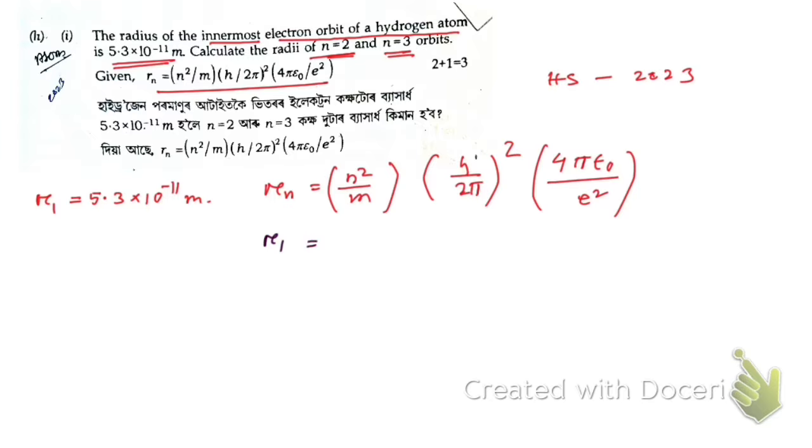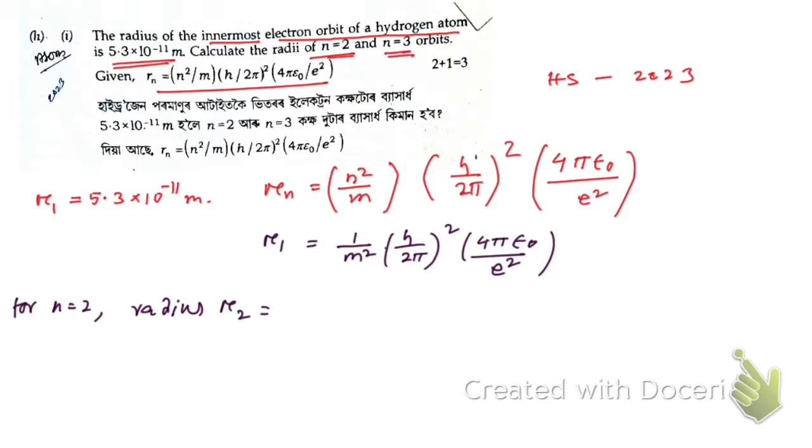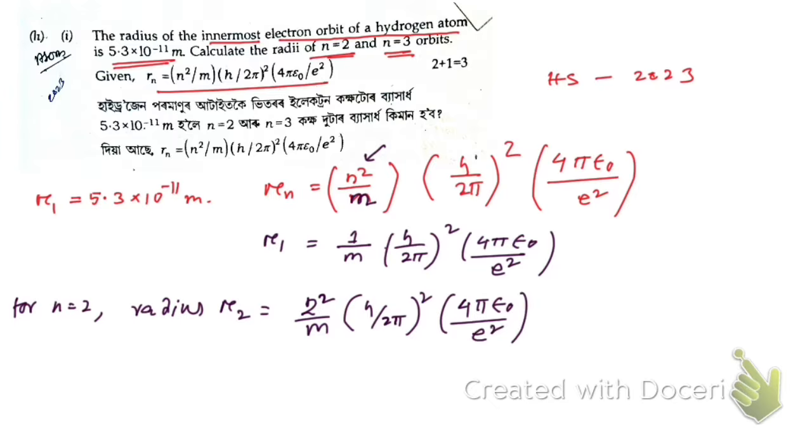Instead of n square, that's going to be 1 square, which is nothing but 1, into 1 by m, h by 2 pi whole square, 4 pi epsilon naught by e square. Now if you find R2 for n is equal to 2, here we have no square on m, so it is n square by m. On putting n is equal to 1, we get the innermost radius. If we put n is equal to 2, then we get n square by m into h by 2 pi whole square 4 pi epsilon naught by e square.